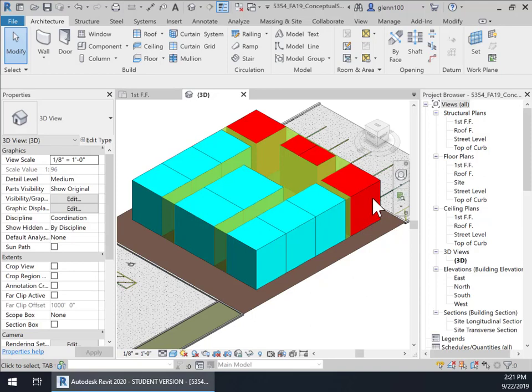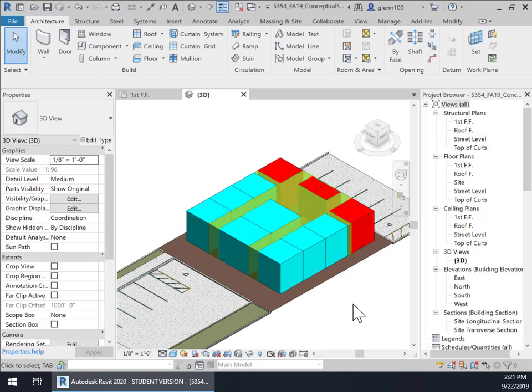In the previous assignment, we were required to do a space planning block diagram of our proposed building, our concept.